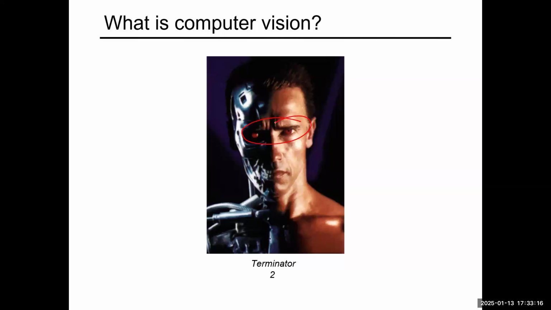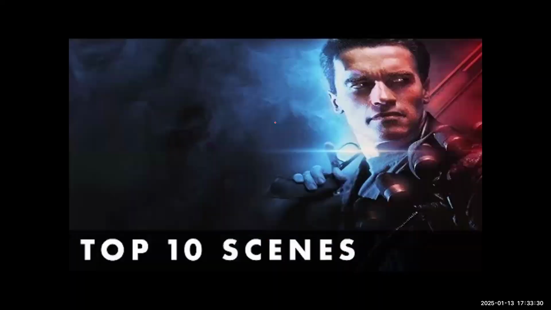Those eyes are nothing but cameras. That's exactly what we want to achieve in this course: capture some images with the camera and make decisions exactly similar to what we can do in real life. Has anyone watched the movie, especially part 2? You watched Terminator 2? It's a classic.